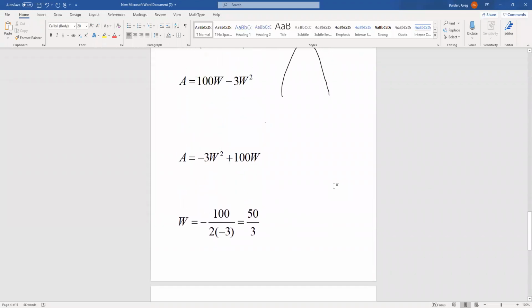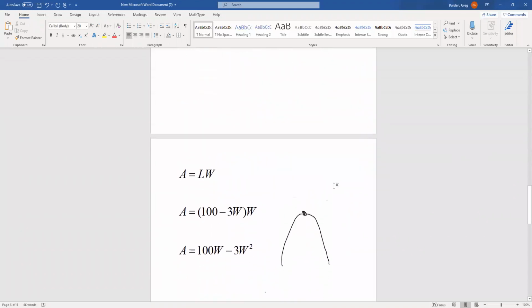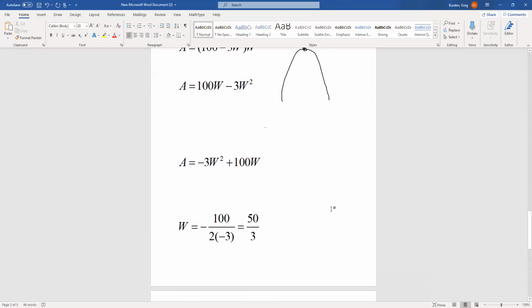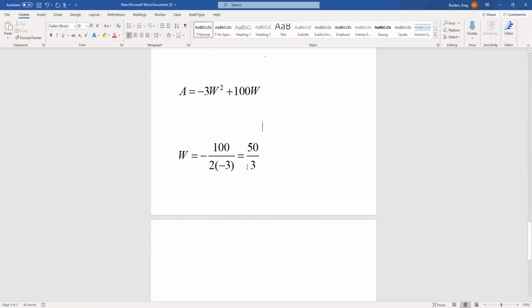So the width is 50 thirds. The length has to satisfy the relationship that, well, we have 3 sections that are w long, so all of those are going to be 3 times 50 over 3, which is just 50. And this is actually a very general thing. It turns out that in a rectangular enclosure like this, half of the fencing is going to be going one way and half of it's going to be going the other way.